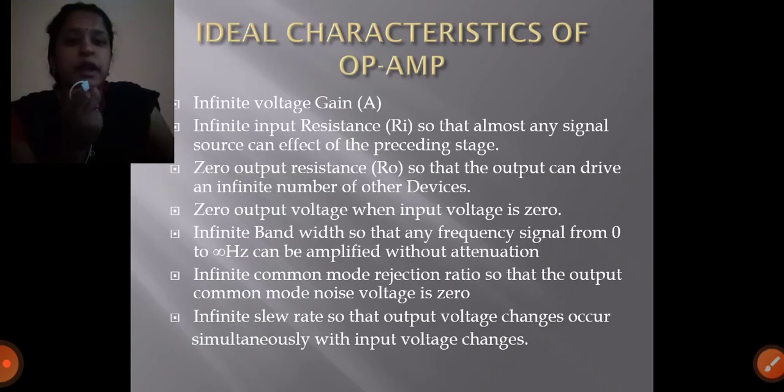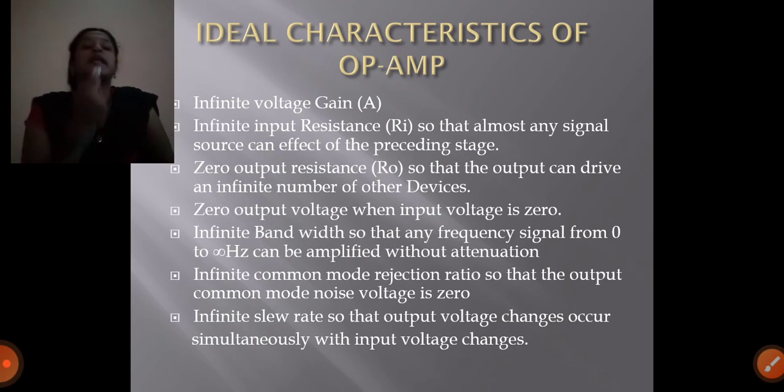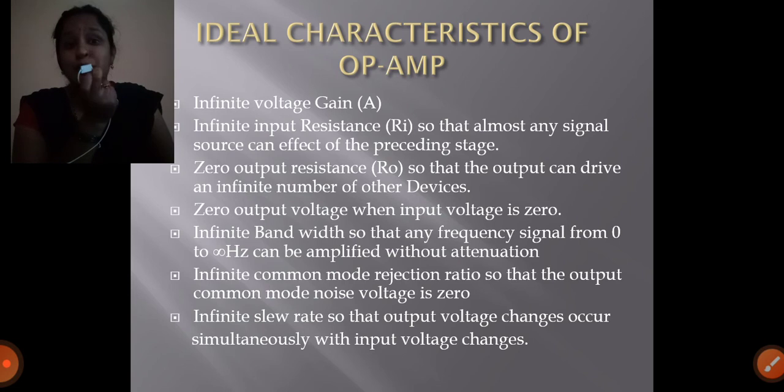Infinite input resistance, so the current will be almost zero. And next is zero output resistance. With zero output resistance, the current will be more in the output. The resistance value is zero, the current is maximum.